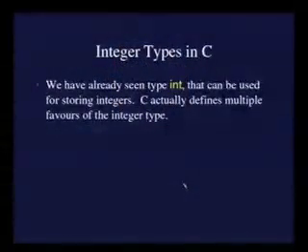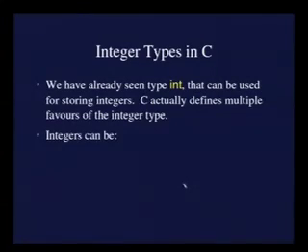We have already seen the type int, which can be used for storing integers, but as we'll shortly find out, C actually defines a number of flavors of the integer types with slightly different properties. So integers can be either unsigned or signed. What that means is whether negative integers can be stored or not.